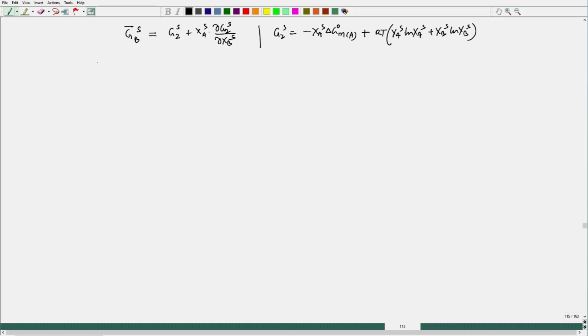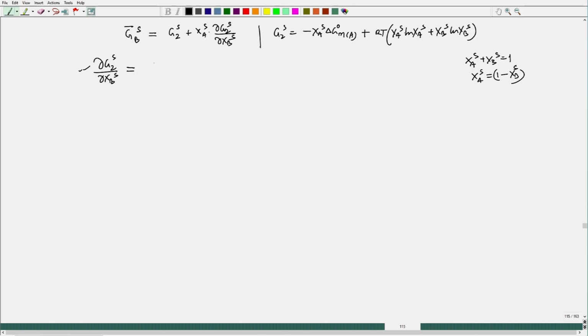So if we take the derivative of G2 solid with respect to XB solid, we know that XA solid plus XB solid equals 1. So we can convert all the XAs in terms of B, and then we can find out this quantity.